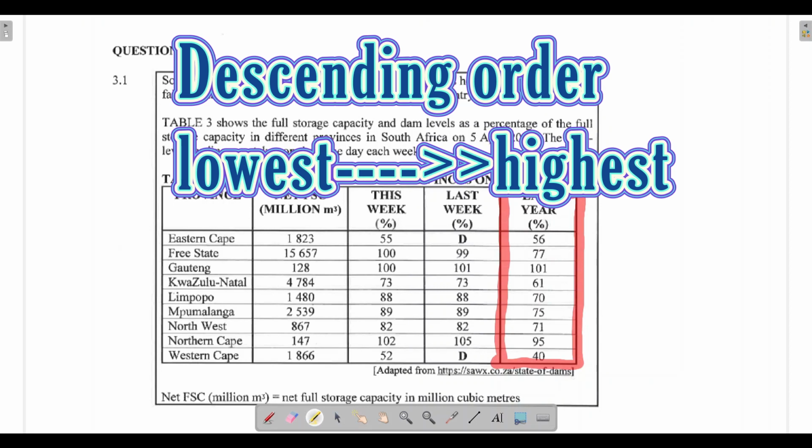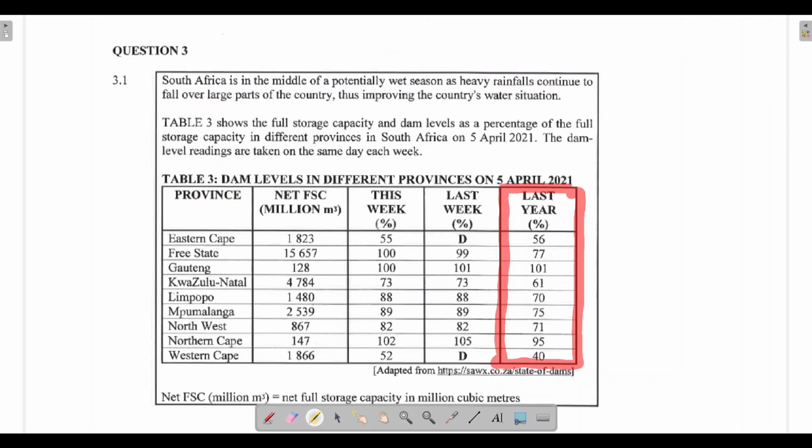All you need to do is write the first 3 values in descending order, and the third value that you get will be the third lowest dam level percentage for last year, right? So now let's just do that. Let us arrange this data in descending order, but not actually having to write down all these values, by just writing down the first 3 and then getting the third one.